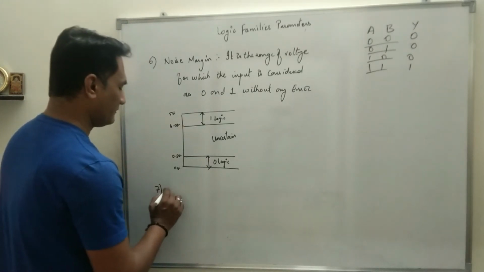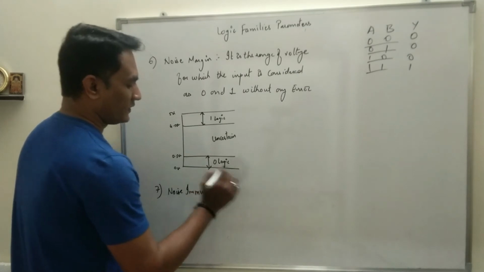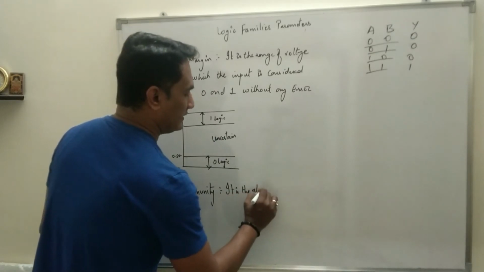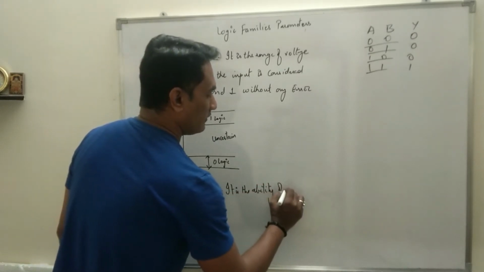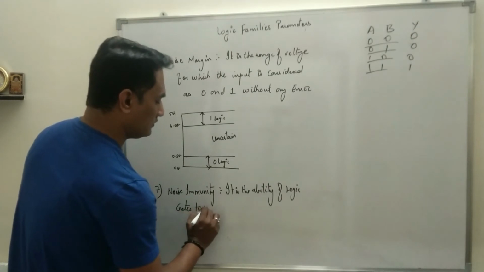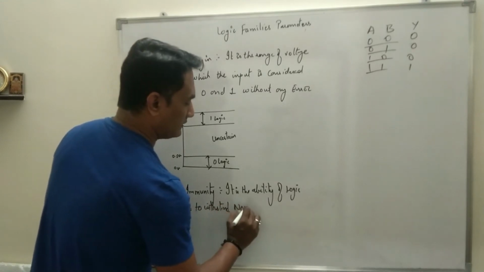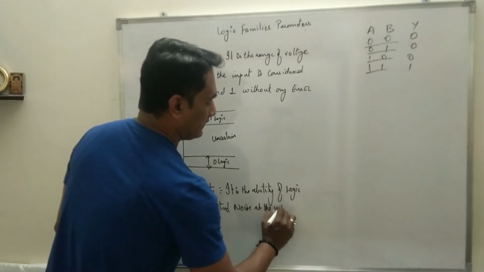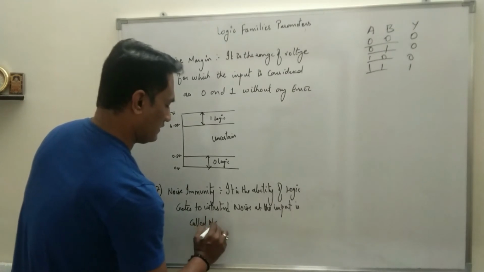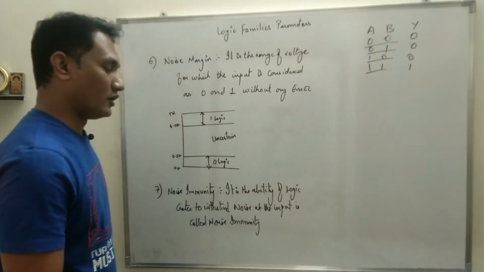And the seventh one is noise immunity. It is the ability of logic gates to withstand noise at the input, which is called noise immunity.